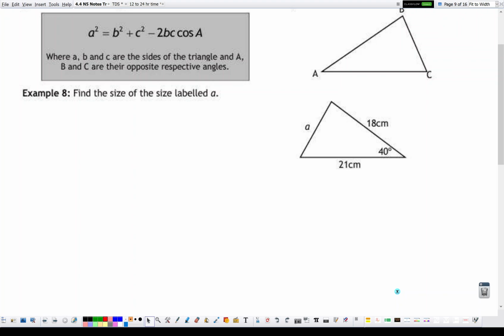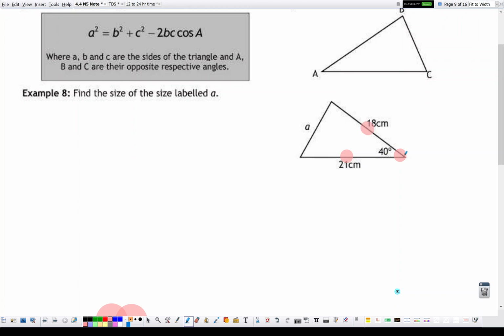Now, we know that we're using the cosine rule for this, so you don't need to determine which rule here. But let me just highlight something which I always look for, and always tell pupils to look for. I have a side, an angle, another side.